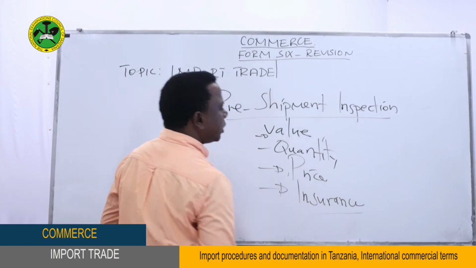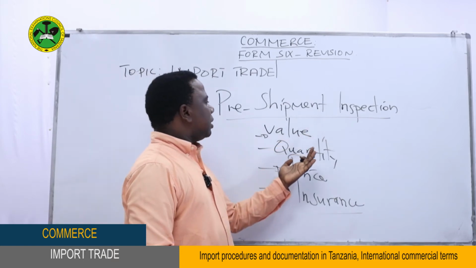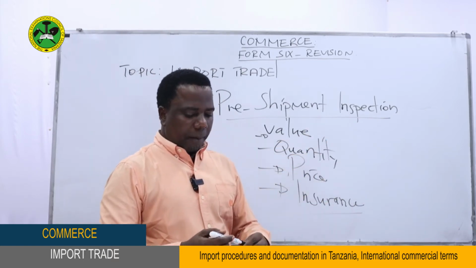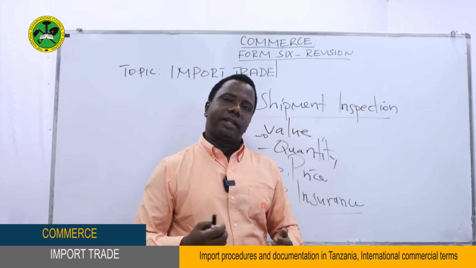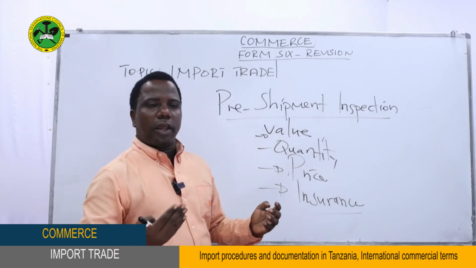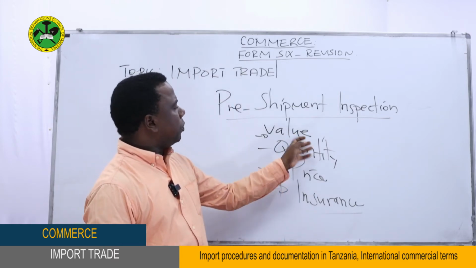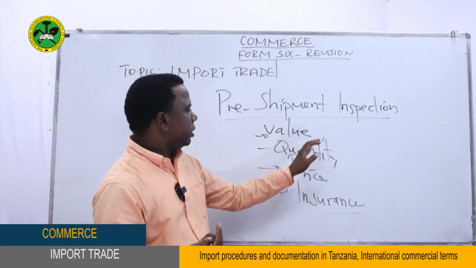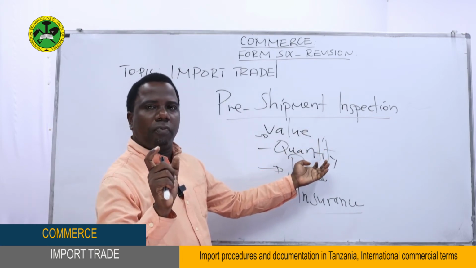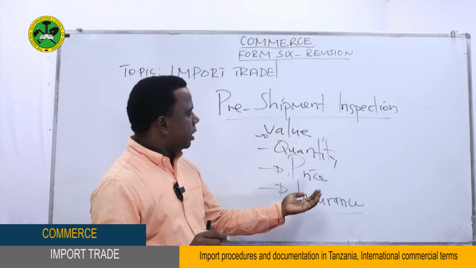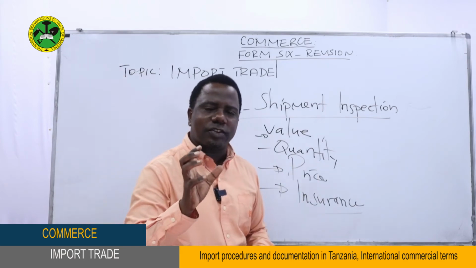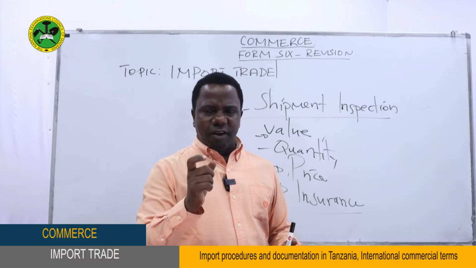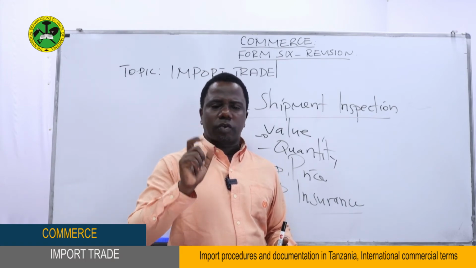So these are the main parts in which pre-shipment inspection can be done. The importing country may need to know the value of those goods which are imported in the country, or the quantity of those goods, but also to know the price of those goods, if it's the real price of those goods.